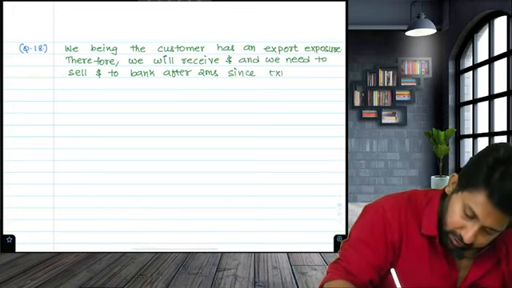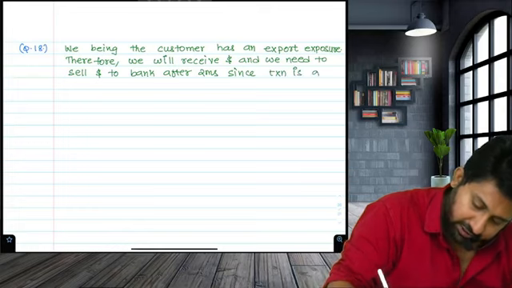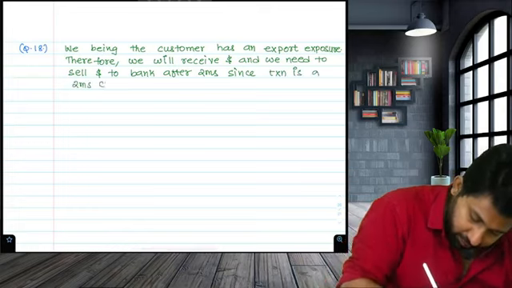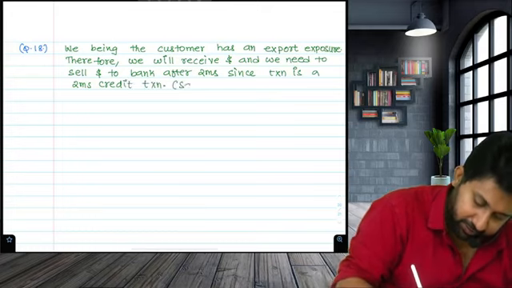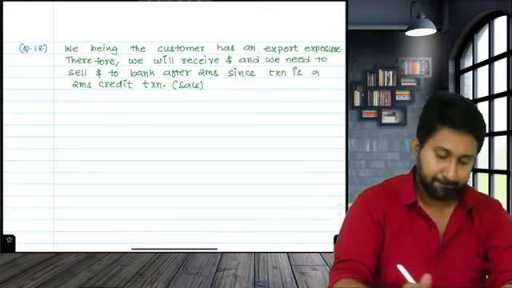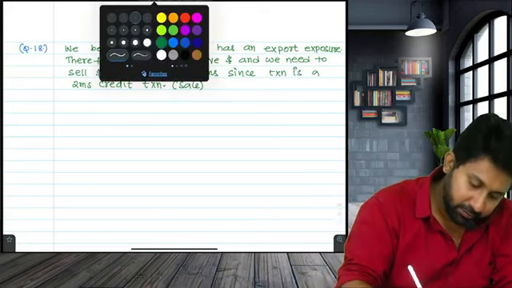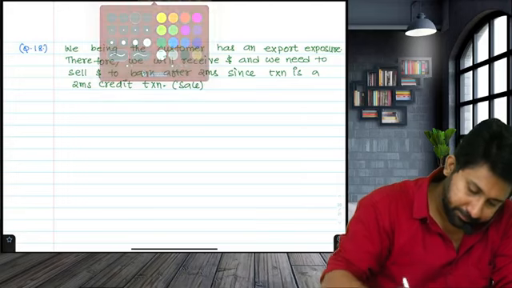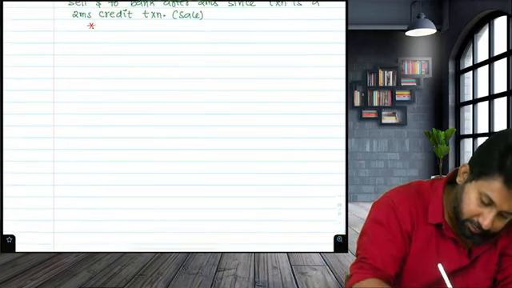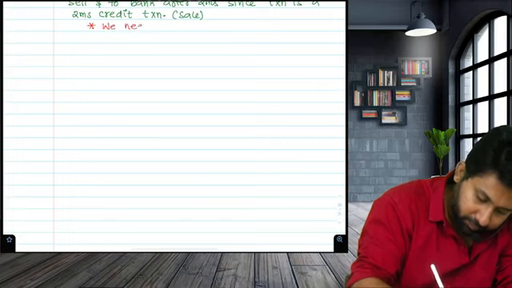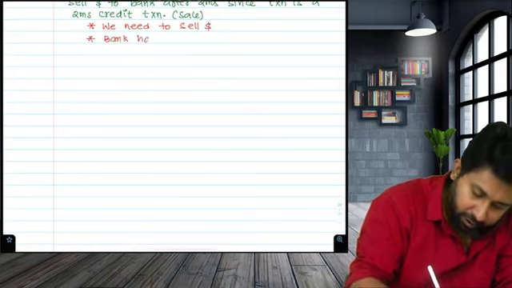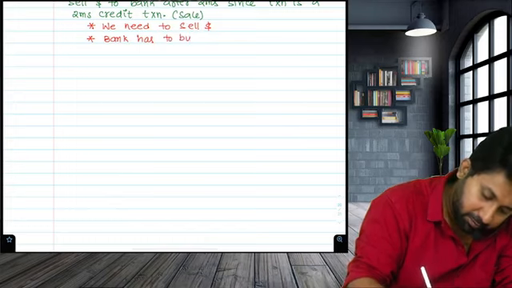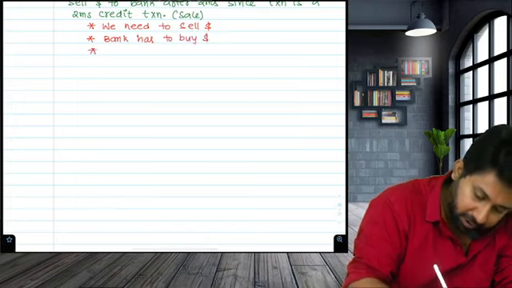Since the transaction is a 2 months credit transaction, which is a sale, we need to sell dollars. Bank has to buy dollars.